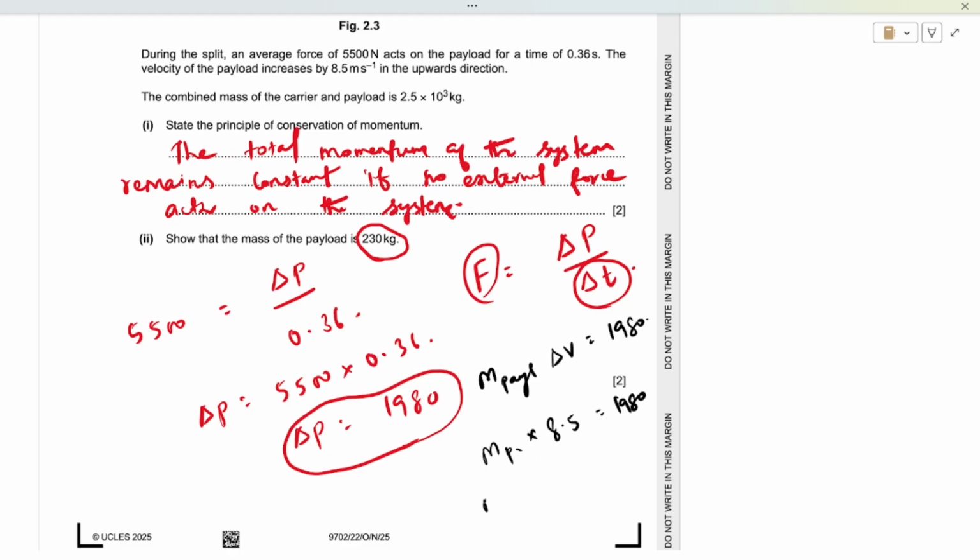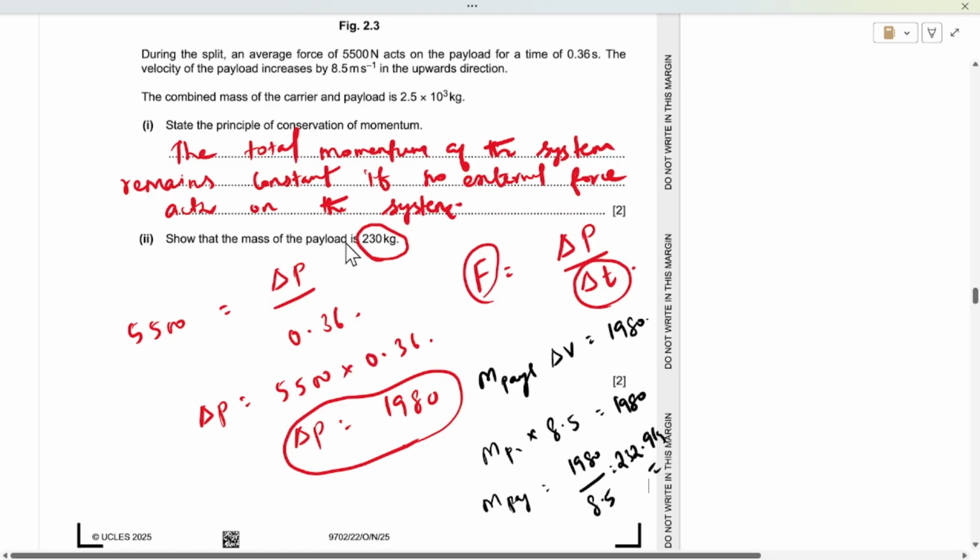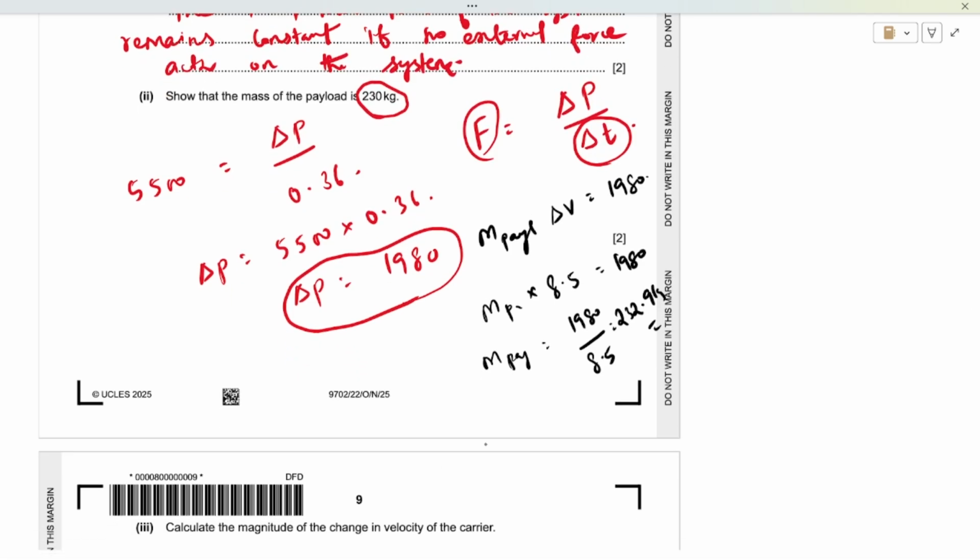So the mass of the payload is equal to 1980 divided by 8.5, which gives us 232.9 kg. I'm going to round this off to two significant figures. If you round it off, you will get the answer 230 kilogram. It is nothing but the mass of the payload.